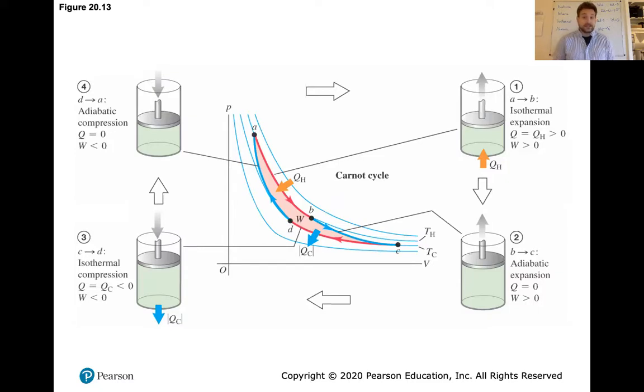How efficient is it? To answer that question, we need to talk about adiabatic processes a little bit. So I'm going to stop the segment here, and we'll talk about adiabatic processes next.